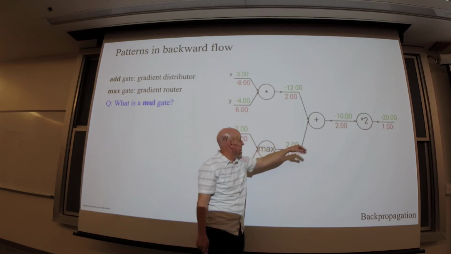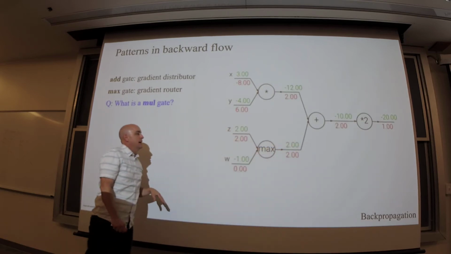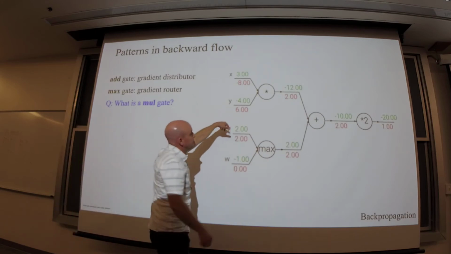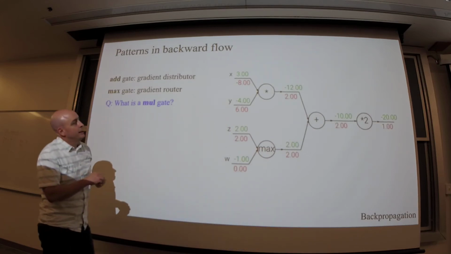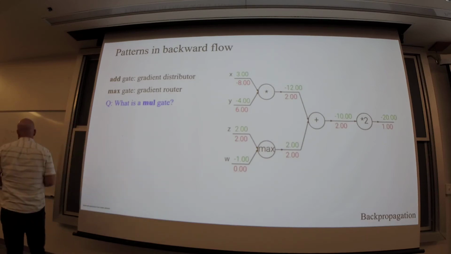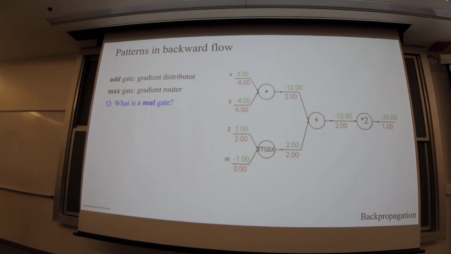That isn't true for addition or for max. So these don't depend on state, but these do, and you just have to keep track of that, and you just multiply your upstream gradient by that other value. So it's like a switcher. Yeah, it switches.